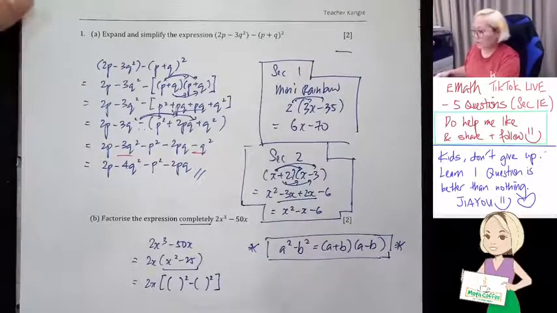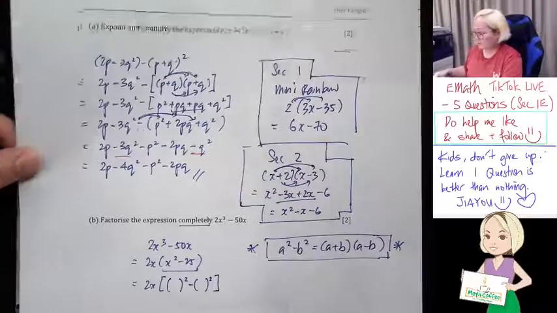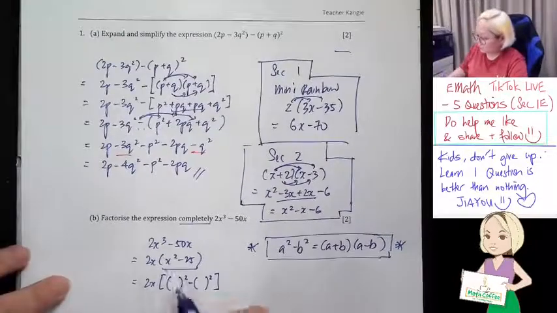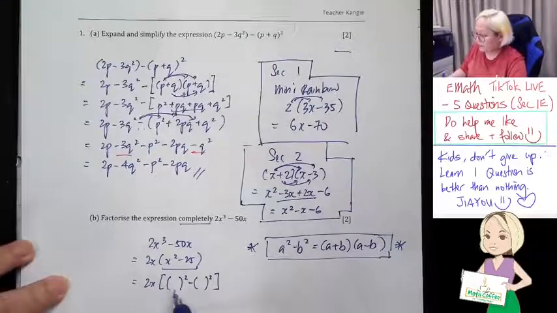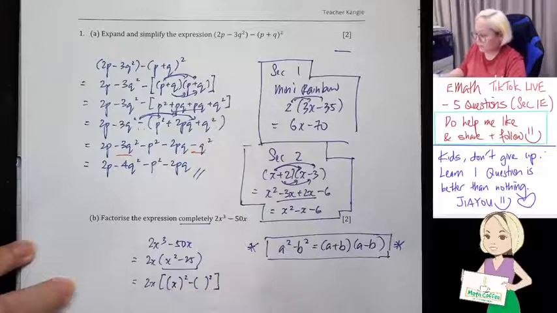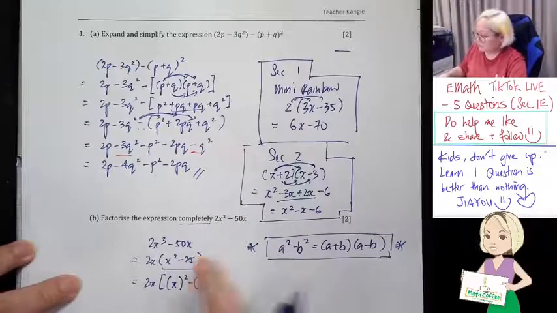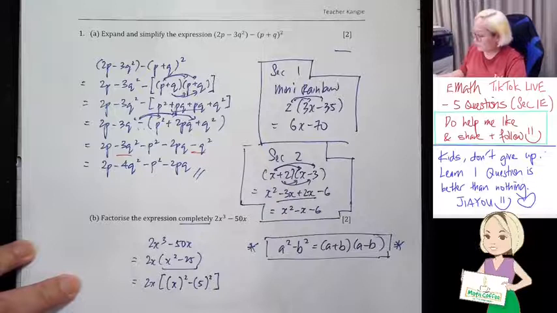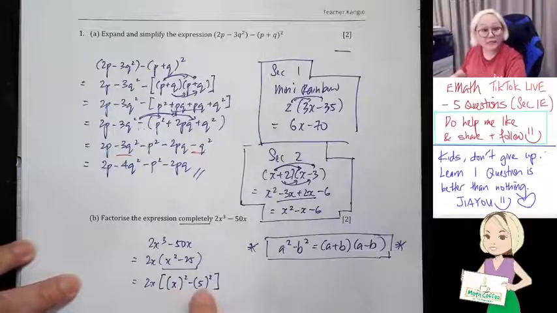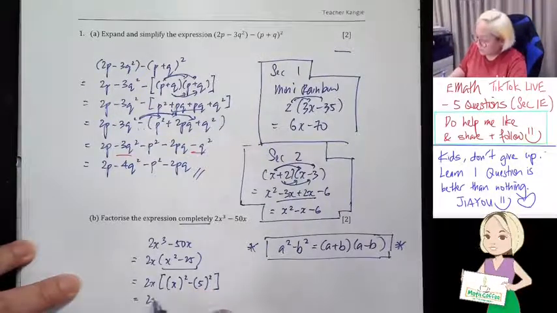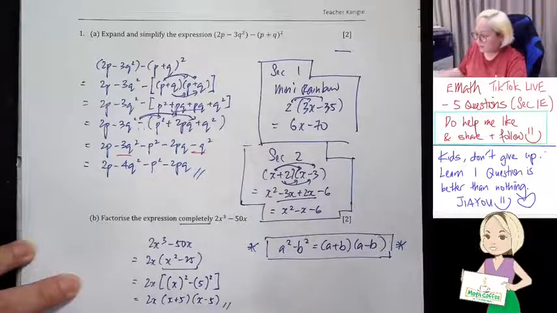You always put it in this form first. Then you ask yourself, x squared, what times what gives me x squared? This one is straightforward, it's just x. What times what gives me 25? It's 5. So we know our a is x, our b is 5. So this one is (x + 5)(x - 5). Done.